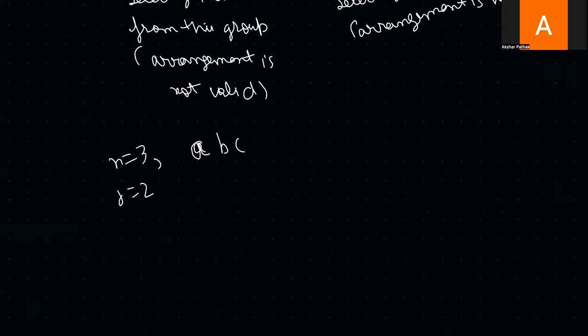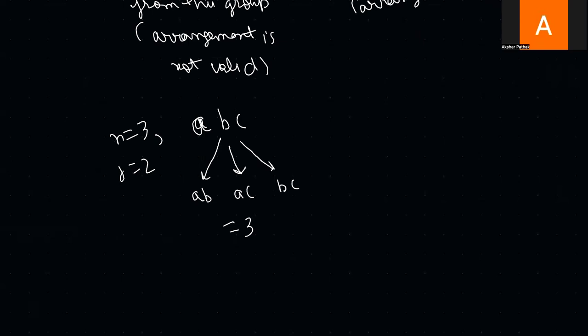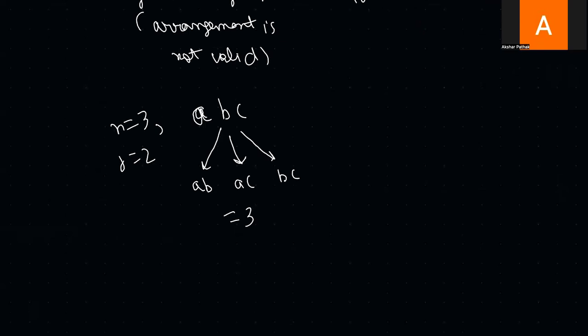So one way is to choose AB, the other way is to choose AC, and the other way is to choose BC. Okay, so how many ways were there? Three ways. There is no other way to choose two letters from this three-letter word. And this is nothing but nCr.